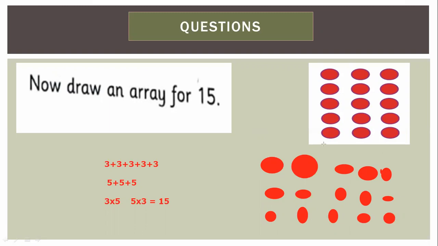So this is the array of 15. It's up to you. You can make 5 columns and 3 rows, or 3 columns and 5 rows. This is the drawing of an array for 15.